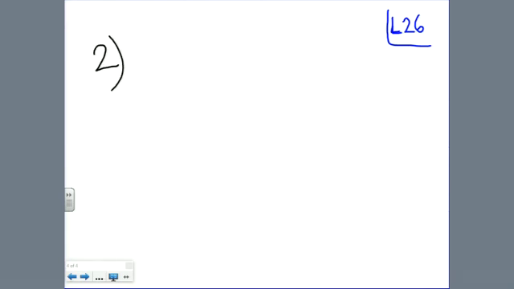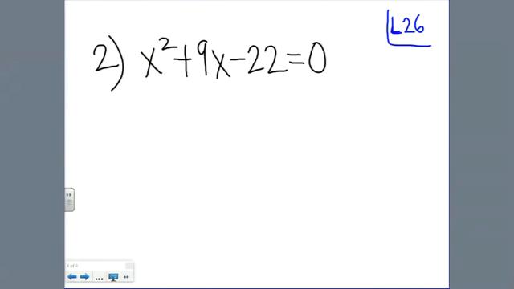All right, the next question we have: x squared plus 9x minus 22 equal to 0. Now, if you can factor a quadratic equation the normal way by drawing your 2 parentheses, then try that first. If you can't factor the regular way, you can use another method.